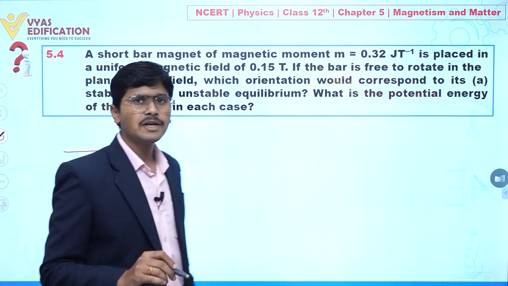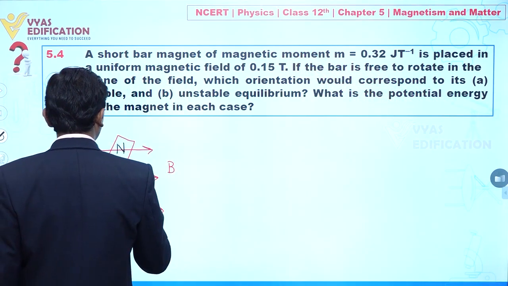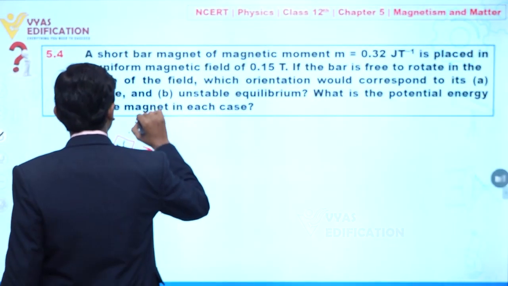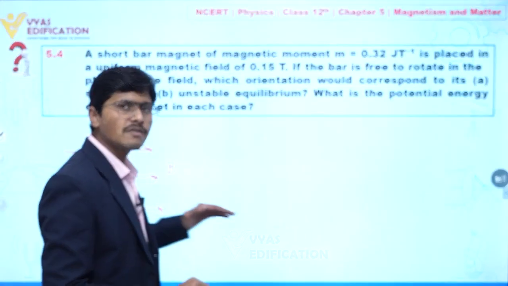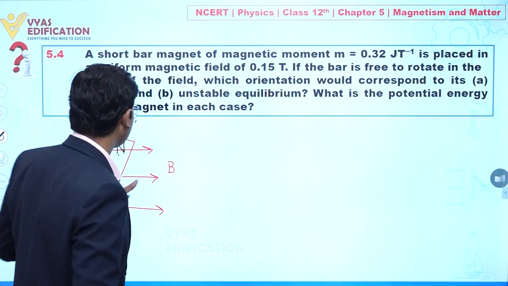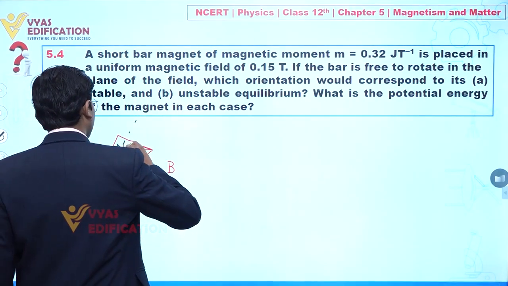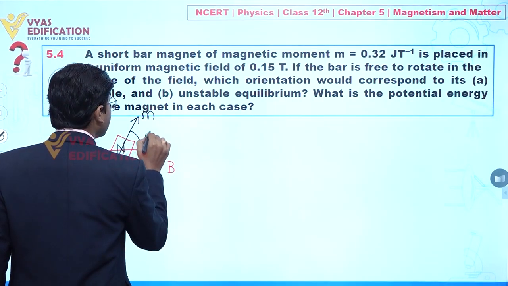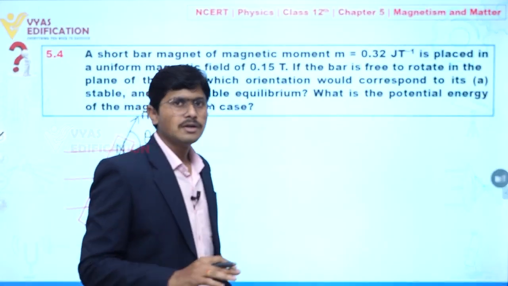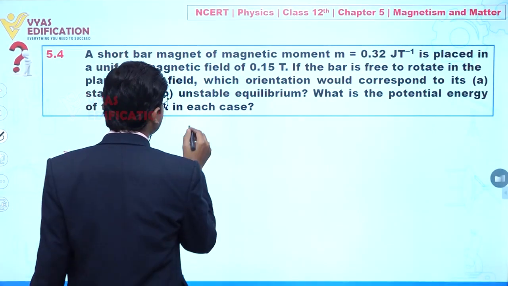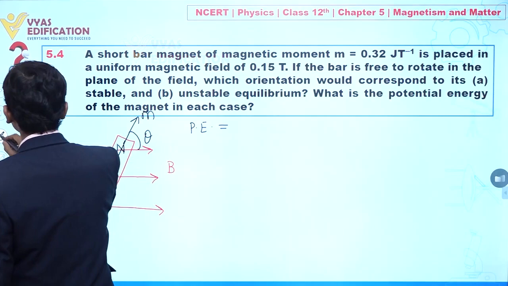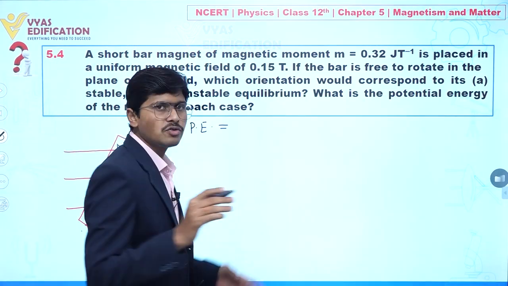This is the line of axis, or the magnetic axis. The magnetic field and magnetic axis make some angle. Let's say this is the direction of magnetic moment, and this angle is theta.